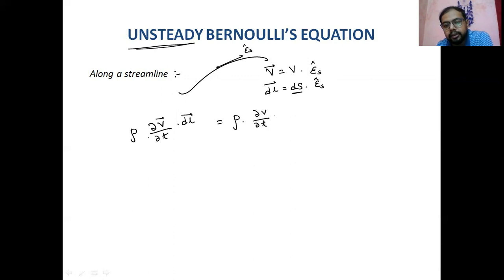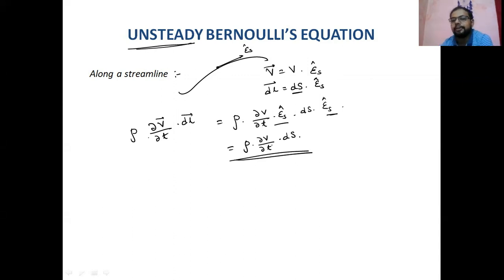Del V del T into ES ds, dot product, and ES will be 1. So simply the vector becomes a scalar quantity along a streamline. This is the extra part that will be with the equation.